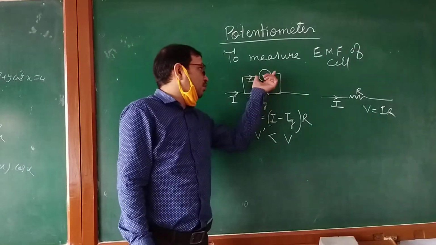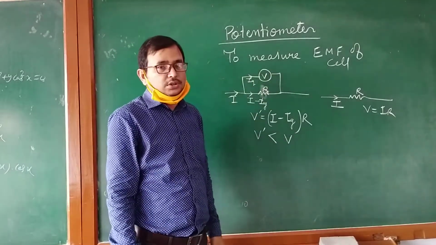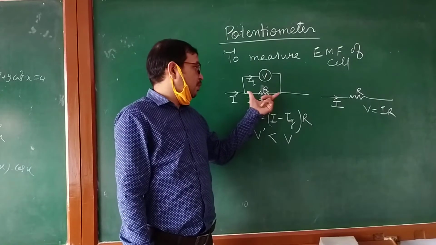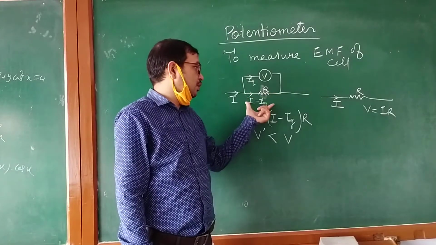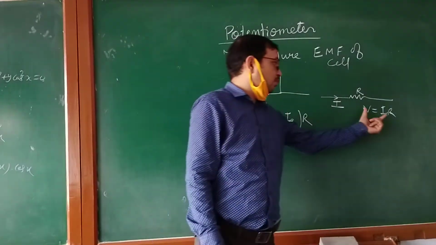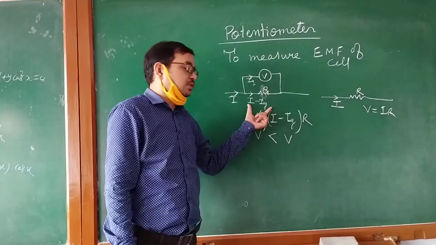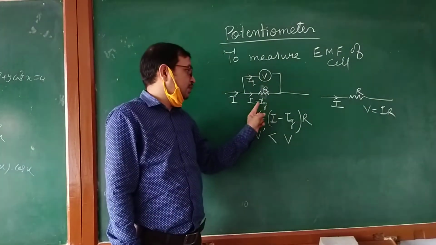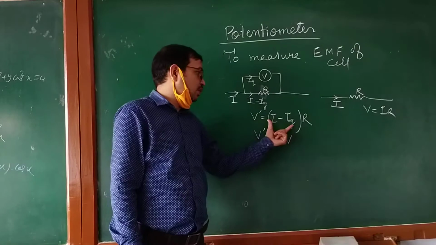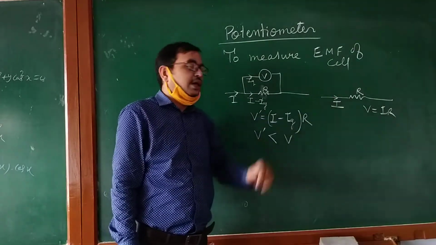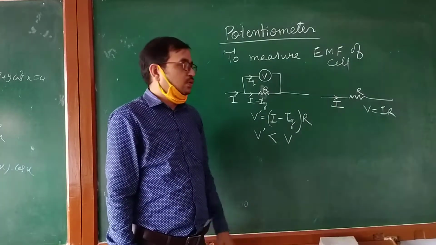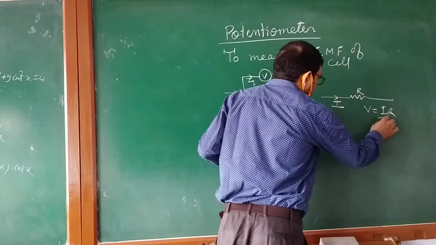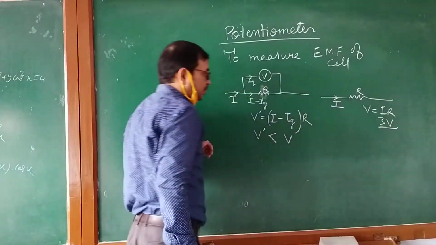So if you are connecting a voltmeter in parallel with some resistance, then the potential difference which you are measuring is not the actual one. It will be less. Due to this minus Ig, this potential drop will be less than that one. Suppose here we are getting 3 volt as the potential difference.